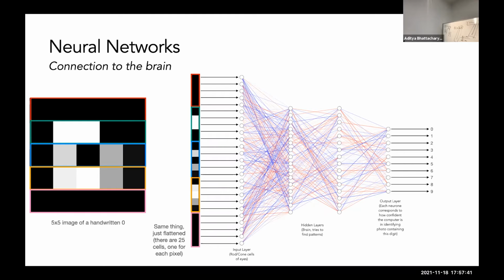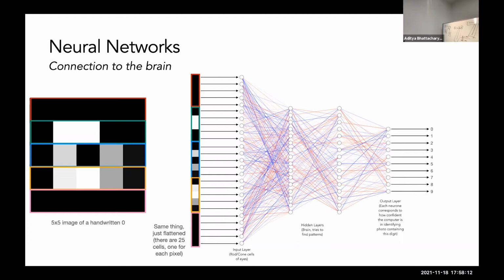There are 25 such neurons, and these neurons take each of these pixels. For example, this neuron will take the first pixel, this neuron will take the second pixel, this neuron will take the third pixel value, and so on. Imagine these to be your eyes. This functions literally like your eyes. They're the visual receptors of this neural network, like the rod and cone cells.